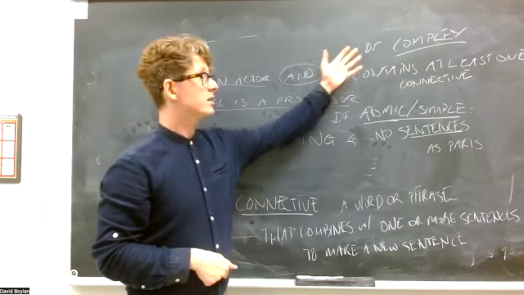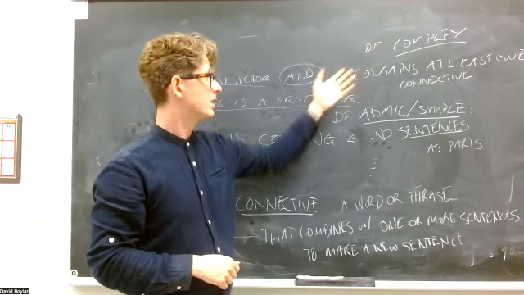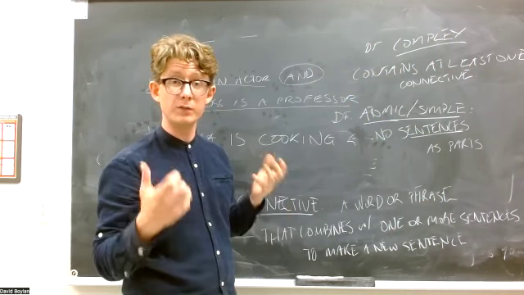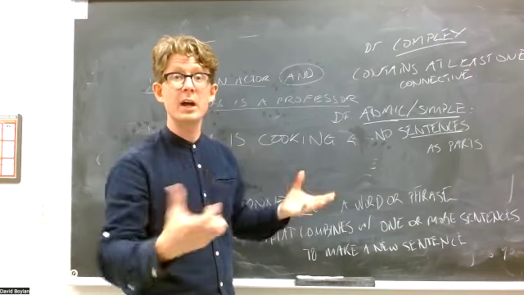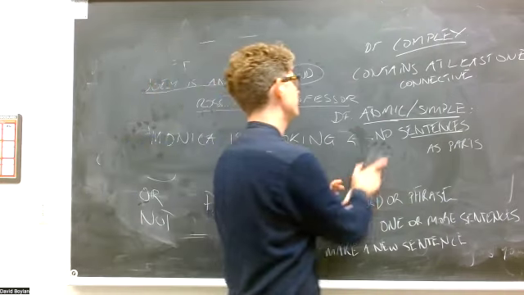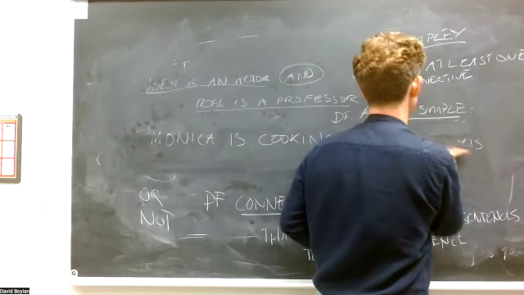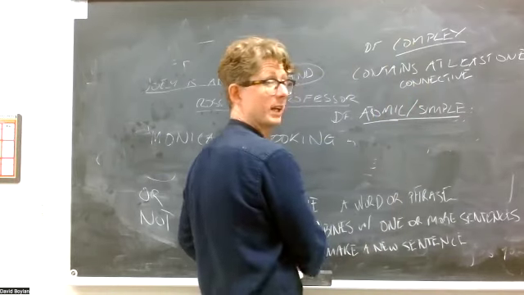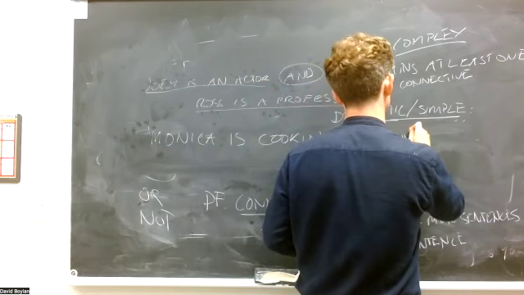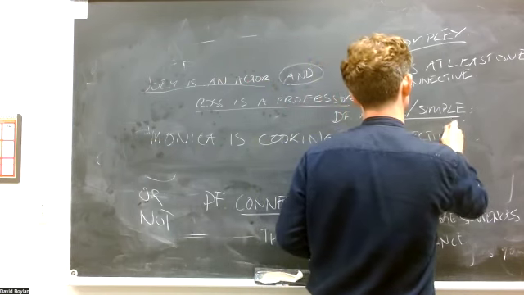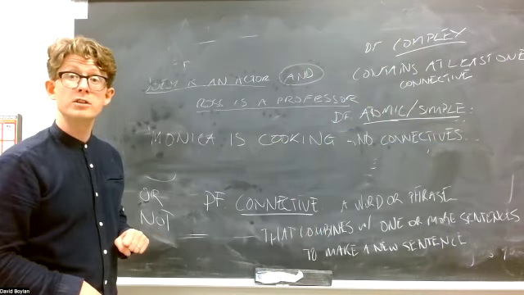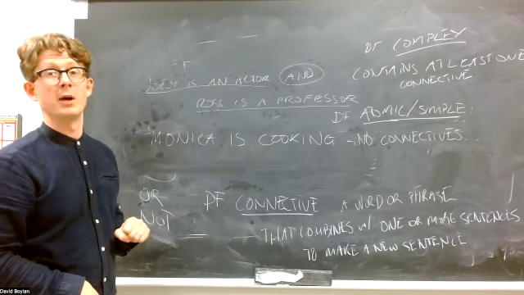And of course, if that's the way we want to think about being complex, then being atomic is having no connectives. Because if you have no connectives, then that's a guarantee that you don't have any other sentences as parts. So an atomic sentence is just one with no connectives. So those are two different ways of thinking about the same idea.